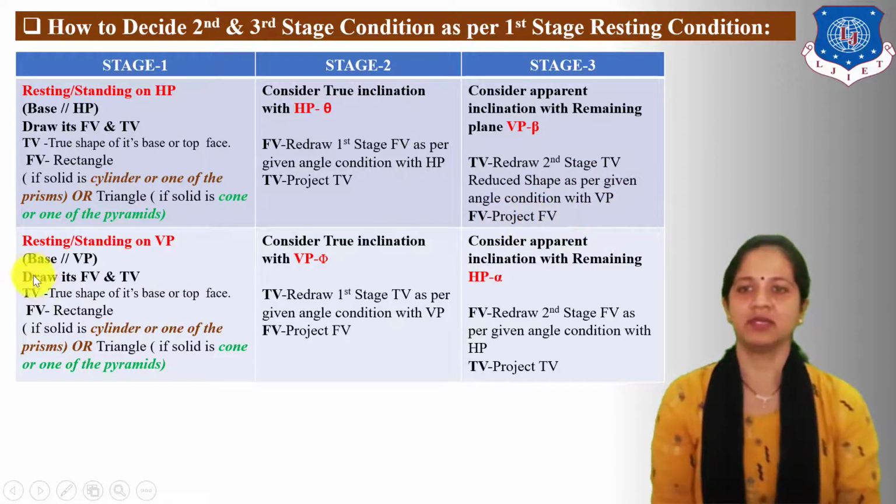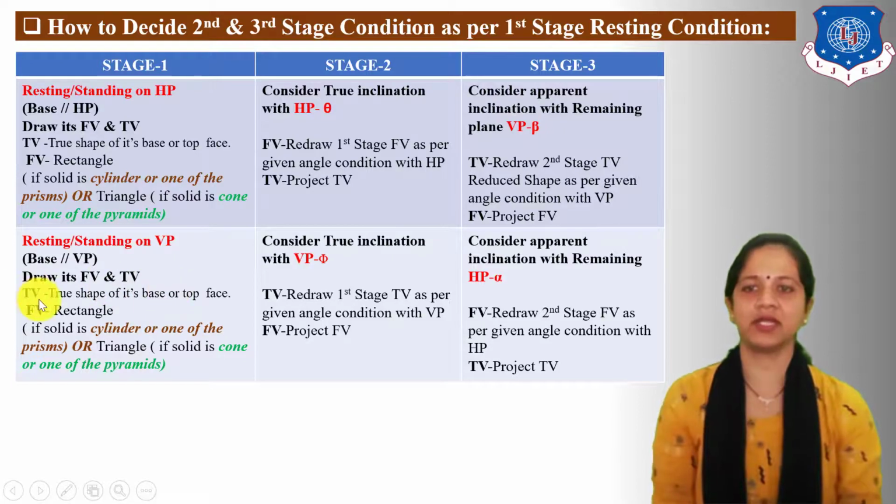If the resting or standing condition is given on VP, with the base parallel to VP, draw its front view and top view. In the top view we can see the true shape of its base or top face, and the front view is a rectangle if the solid is a cylinder or one of the prisms.